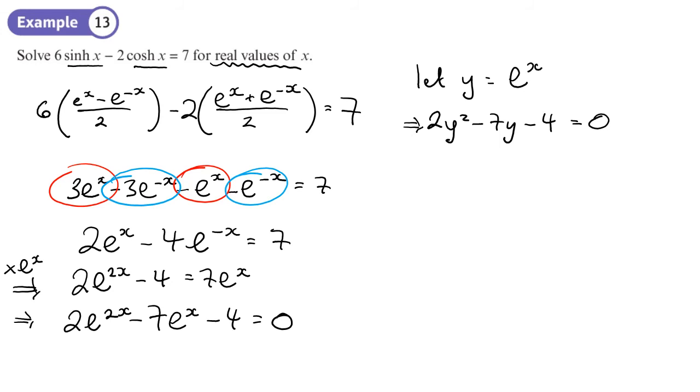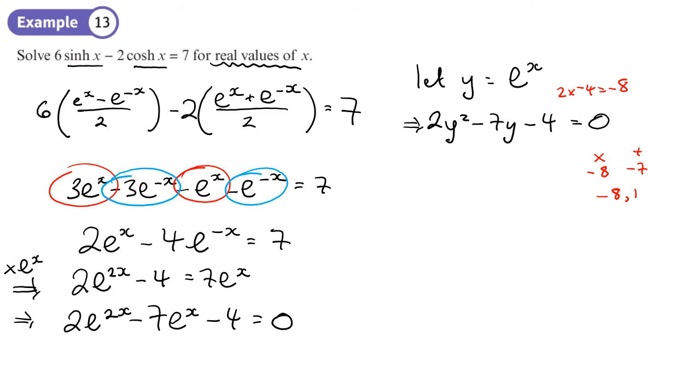Now, does this factorize? I suppose I'll give it a try. So I'll do 2 times negative 4 gives me negative 8. Two numbers that multiply to give me negative 8 and add to give me negative 7. That's going to be 8 and 1, isn't it? So negative 8 and plus 1.